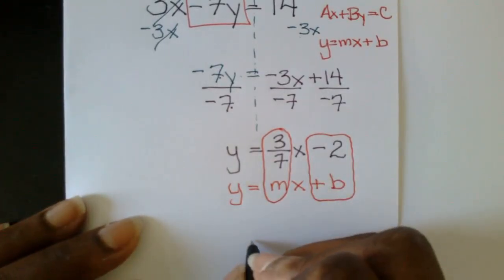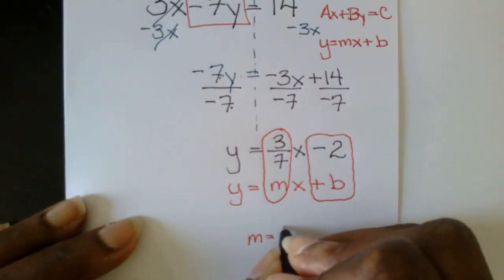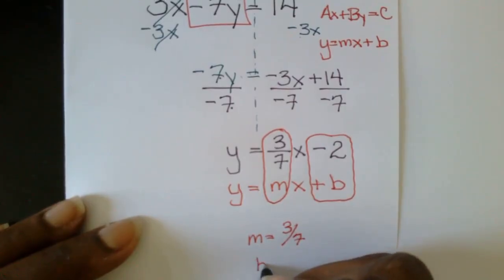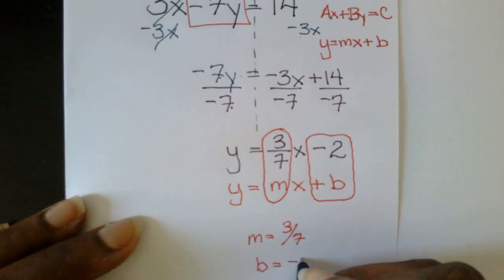So that means your slope is 3/7 and your y-intercept is negative 2.